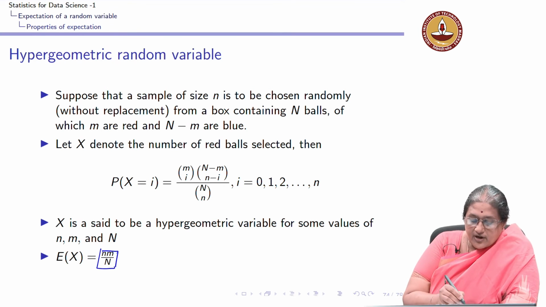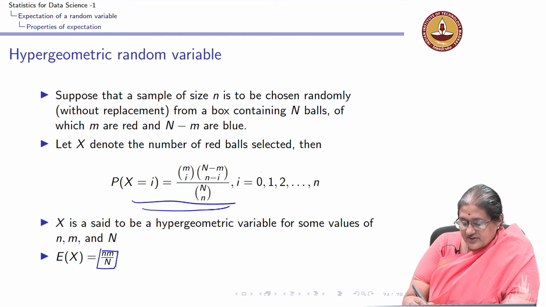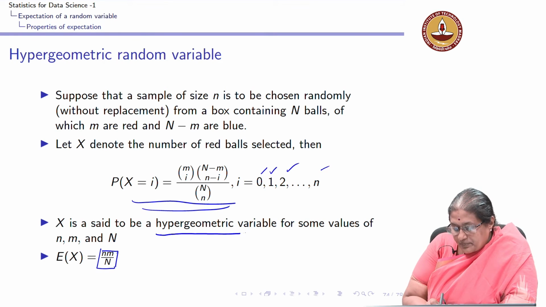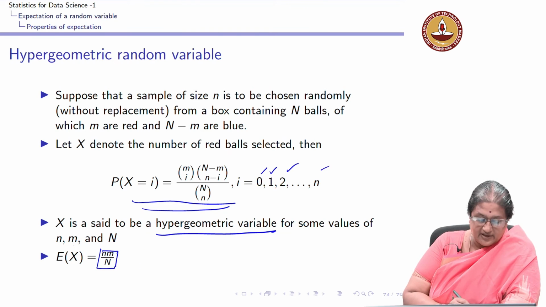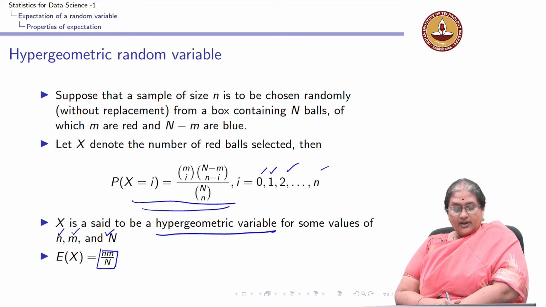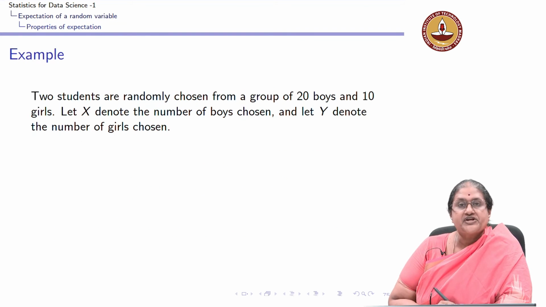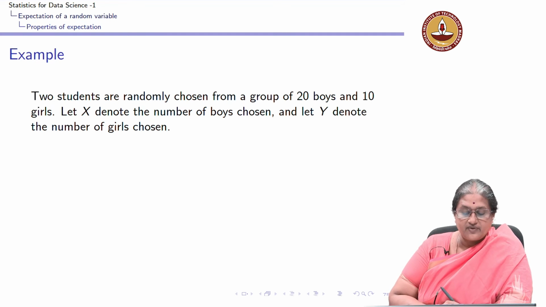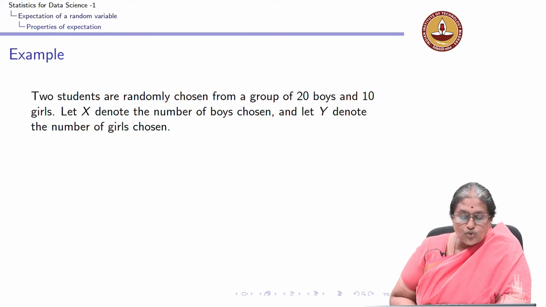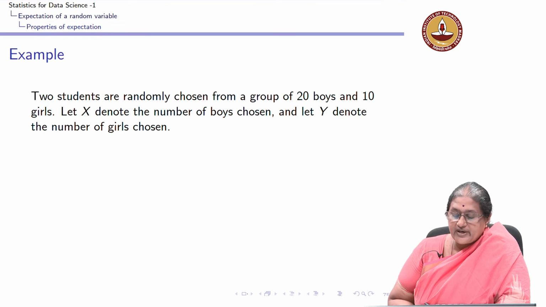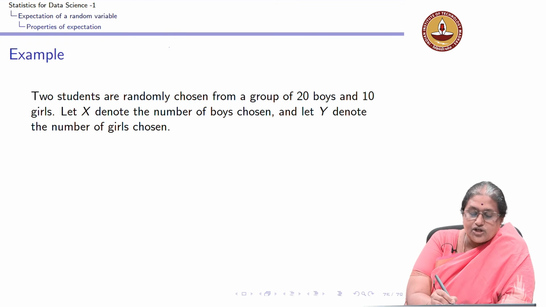A discrete variable of this kind, which takes values 0, 1 to n, is referred to as a hypergeometric variable for values of n, m and capital N. Let us look at an application of the hypergeometric random variable. I am choosing 2 students from a group of 20 boys and 10 girls. So, my capital N is 30.